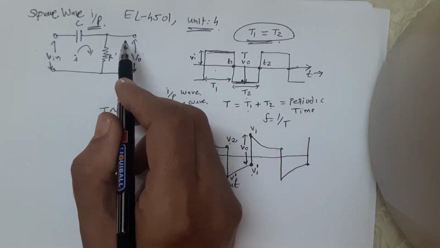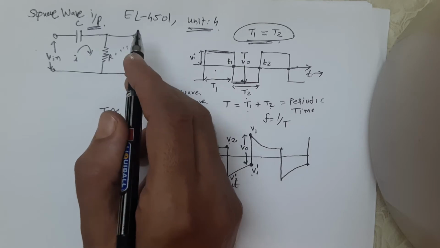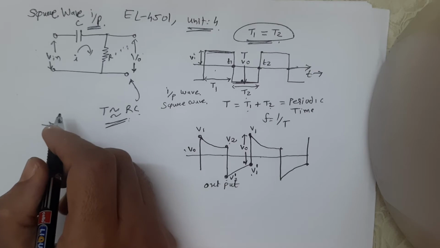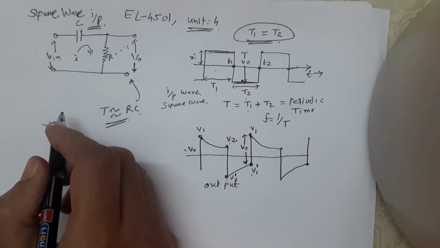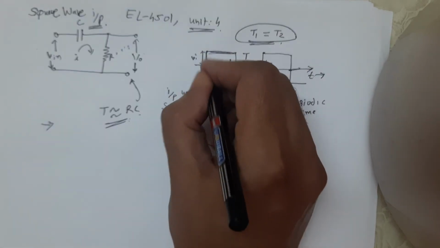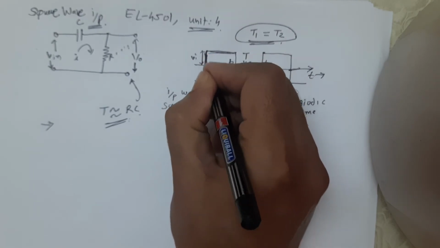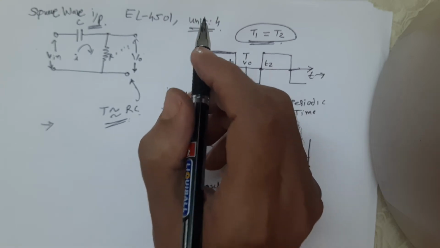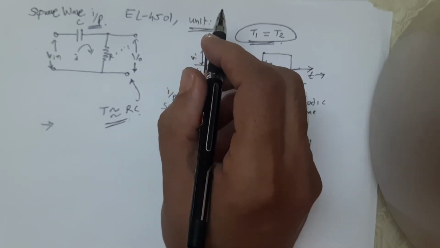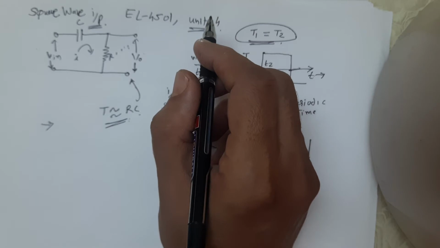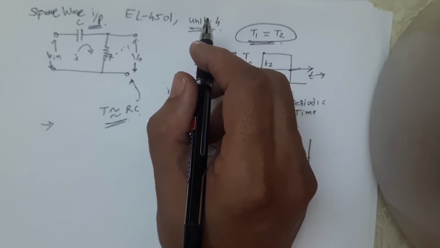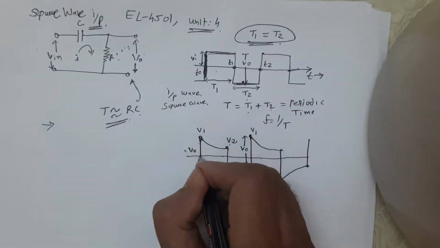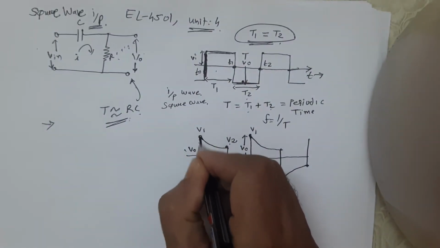We shall now study the response of the circuit. First, as soon as the positive spike voltage appears at the input, at the time t0, it directly appears across the load R. That means across R we are getting the same value of the peak.